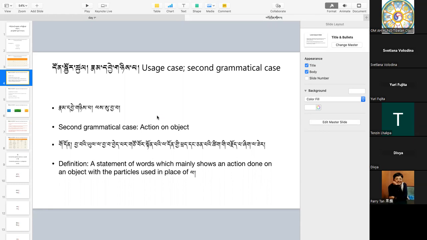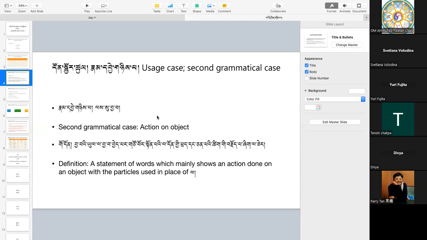But still, there are some exceptions, such as the first grammatical case and the eighth grammatical case, where it's more like a statement rather than a sentence. Other than that, all of the connective particles make a sentence.